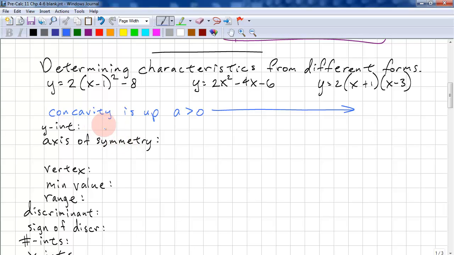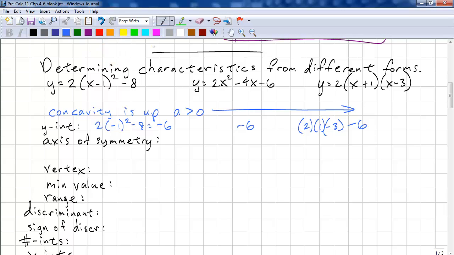And we can calculate the y-intercept by plugging in 0 for x. So here we have 2 times negative 1 squared minus 8. That gives us 2 minus 8, that's negative 6. Here it's just a constant term, negative 6. Here we have 2 times 1 times negative 3, that's negative 6.